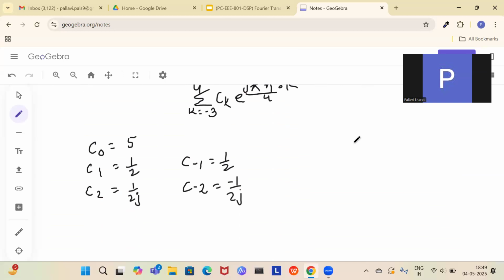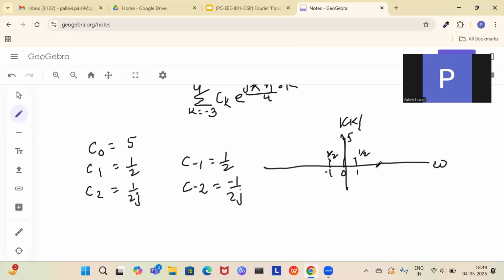So if you're going to plot this, how is it going to look? Let us see that. This is my omega and this is my mod of ck. Again, we have to plot both the magnitude and the phase spectra. The magnitude is present for 0, where we will put 5. It is also present for 1, minus 1, 2 and minus 2. For 1, it is half. For minus 1 also, it is half.